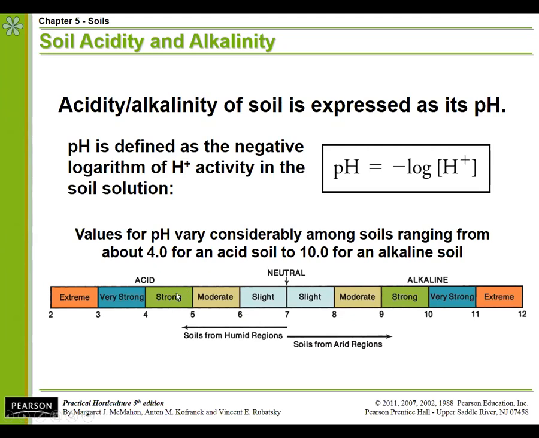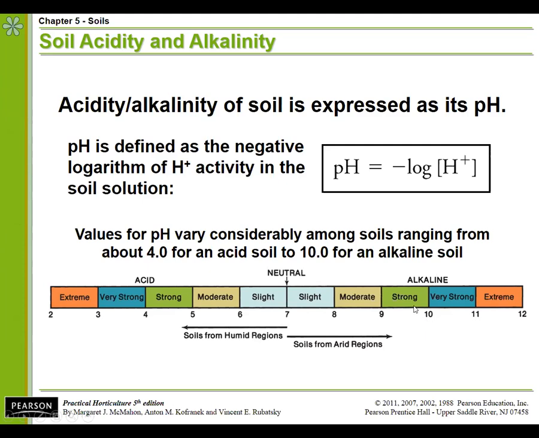So in this range, now we do have some plants that like that, right? There are acid-loving plants like rhododendrons and blueberries, things that grow in these areas where we have these naturally acidic soils. Generally, we get the more alkaline, the more basic soils in arid regions, but rarely does that go above like a 9.5.